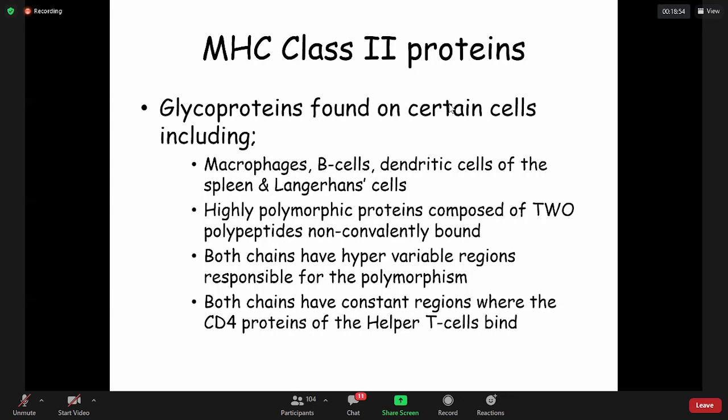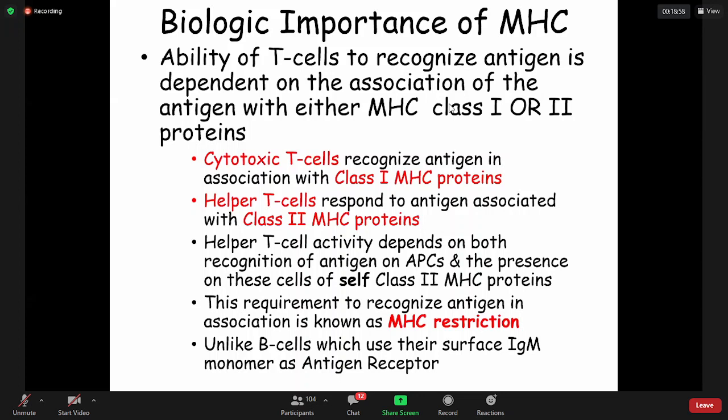The ability of T cells to recognize antigen is dependent on the association of the antigen with either MHC class 1 or class 2. At the end of this, you see what we've called MHC restriction: these cells are able to see antigens that are carried by specific MHC.